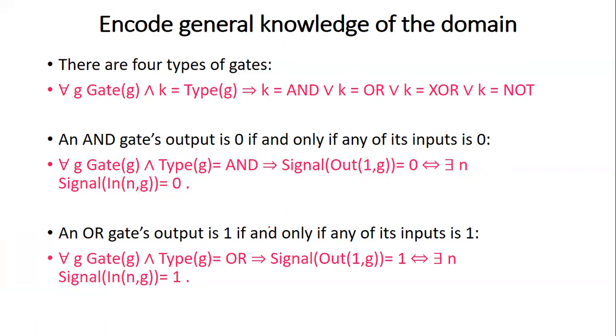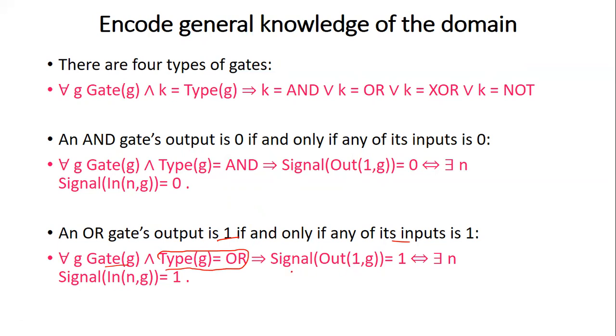Similarly, if you take an OR gate, an OR gate is a gate whose output is 1 if any of its inputs is 1. So it is similar to that: for all G, gate of G, and the type of gate is OR. If type of gate is OR, it implies that its output, here 1 represents its first output, there is only one output.